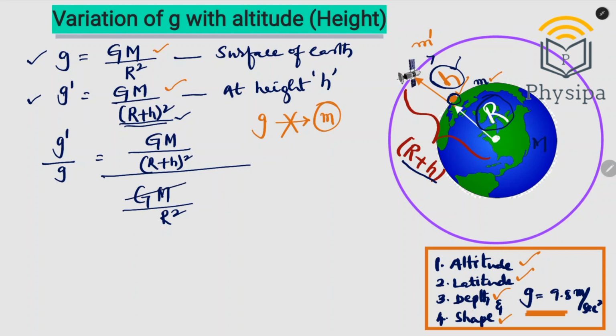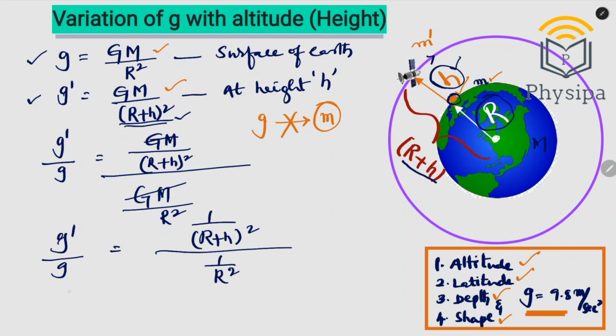By cancelling the similar terms, we arrive at g dash by g is equal to 1 by r plus h whole square divided by 1 by r square.